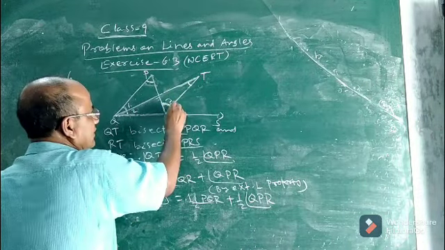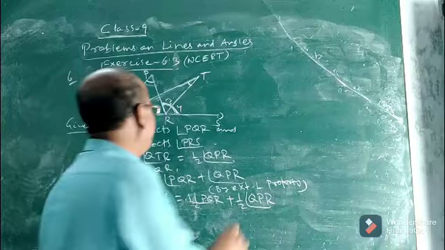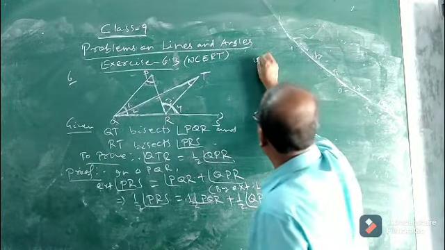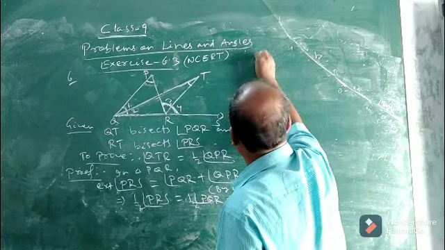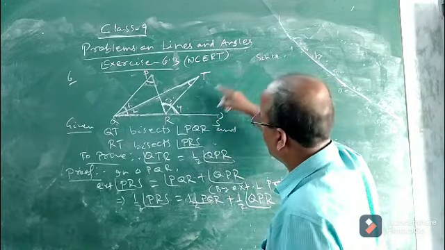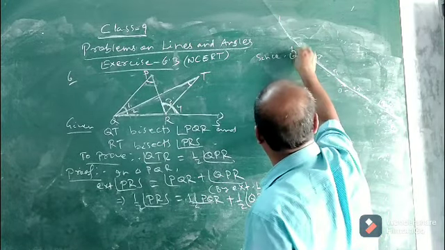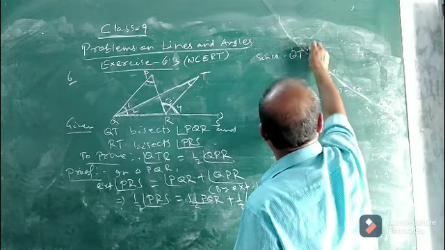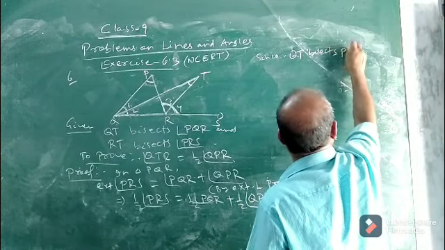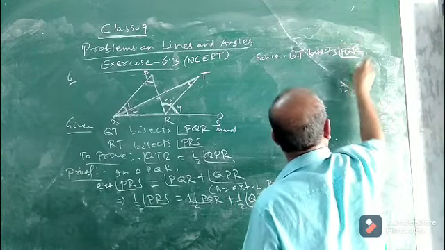Now look at PRS. Now angle 3 and 4 are equal. We are given 3 and 4 equal, 1 and 2 equal. Since QT bisects, it is already given. Since QT bisects which angle? PQR.